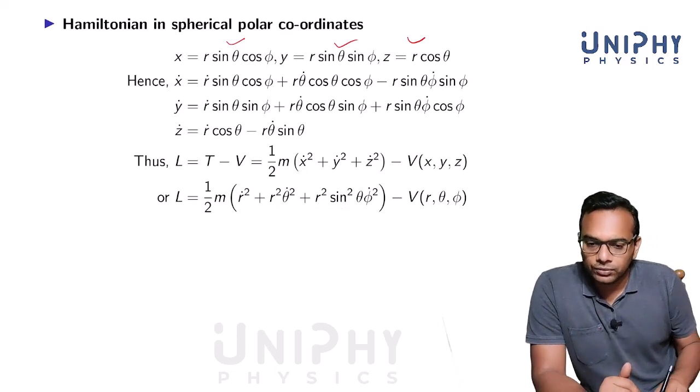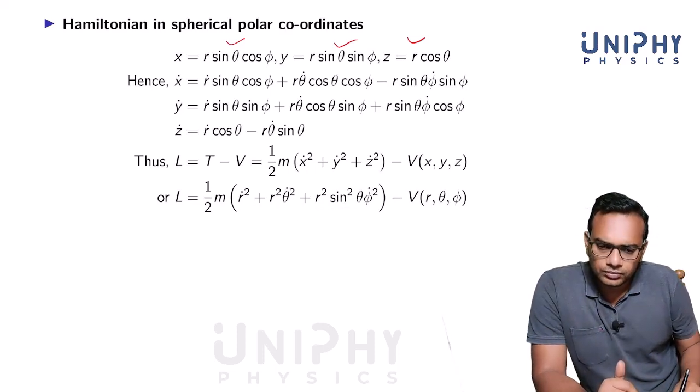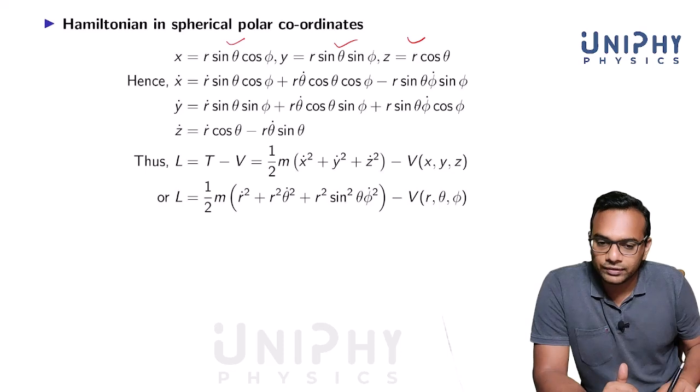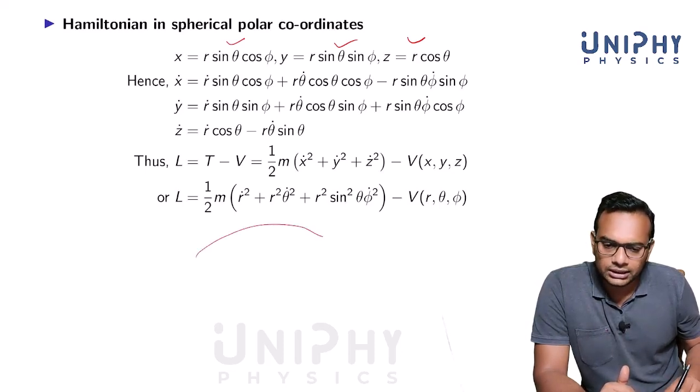So if you look at this, what's r dot? r dot has the dimensions of linear velocity. Theta dot does not have the dimensions of a linear velocity. You can look at it like this. Let's talk about spherical polar coordinates.